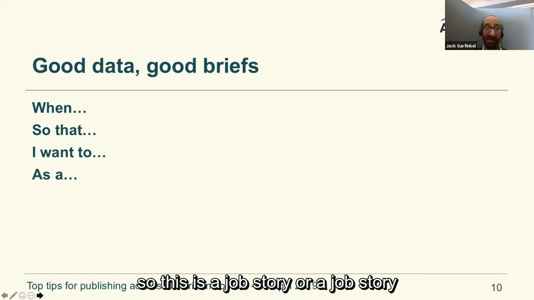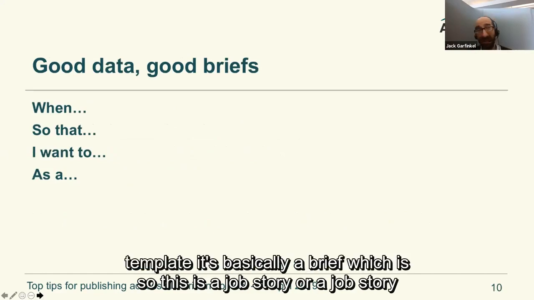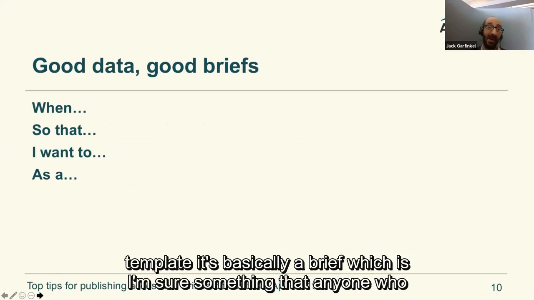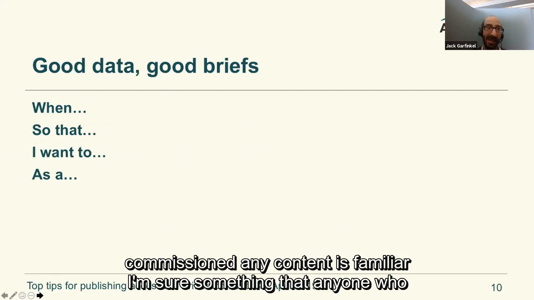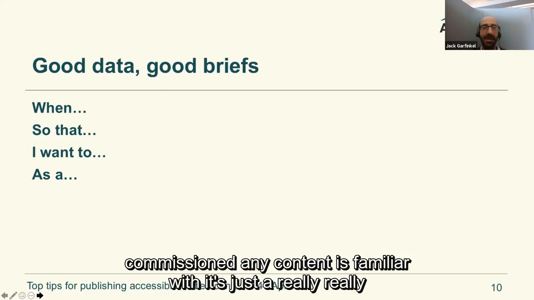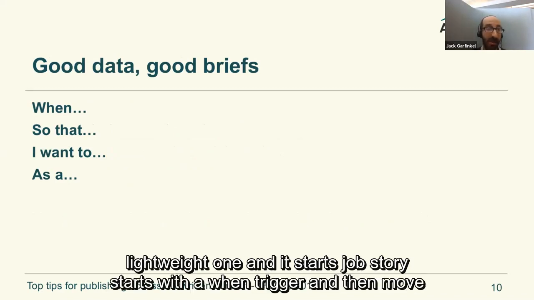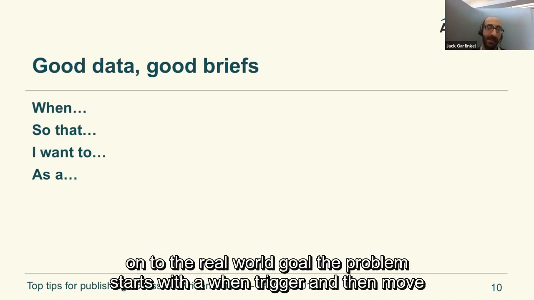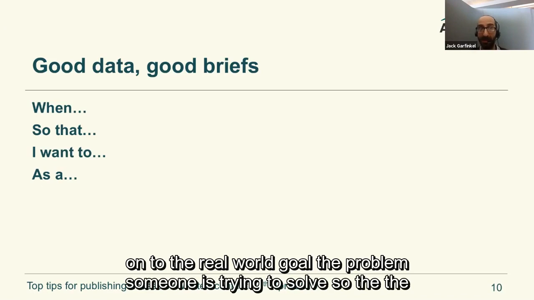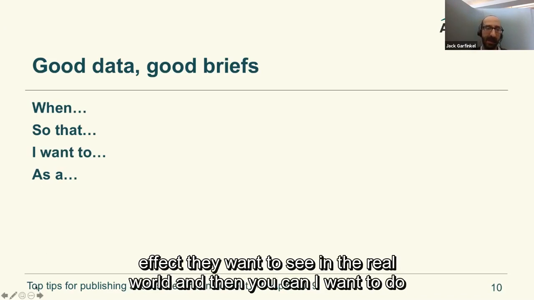So this is a job story template. It's basically a brief, which is, I'm sure, something that anyone who's commissioned any content is familiar with. It's just a really, really lightweight one. A job story starts with a "when" trigger. Then you move on to the real world goal, the problem someone is trying to solve, so the effect they want to see in the real world.